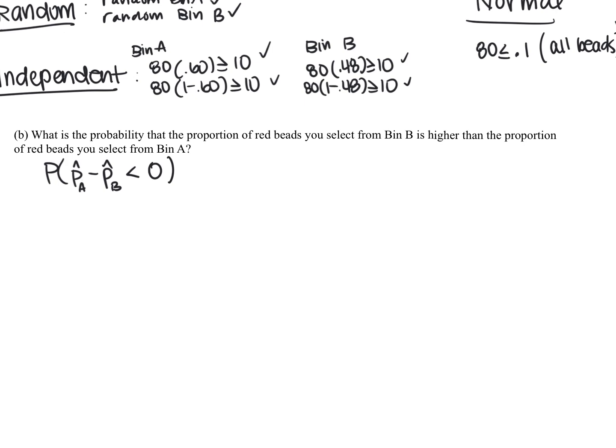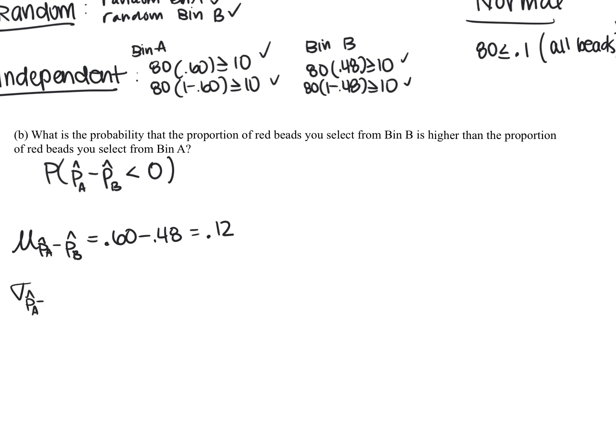It changes the z-score, but the probability should be the same in the end. So the mean of our sampling distribution is going to be 0.6 minus 0.48, which gives us 0.12.